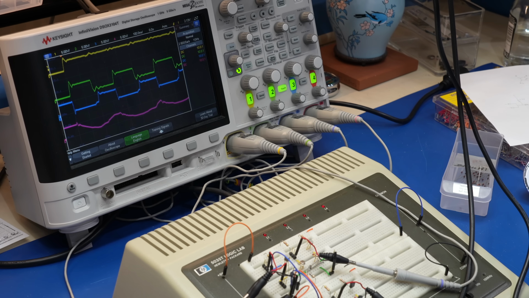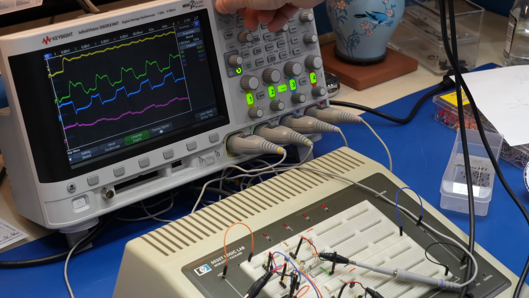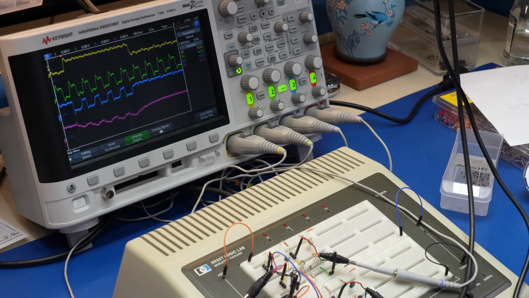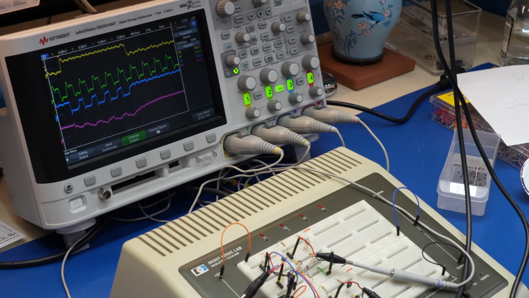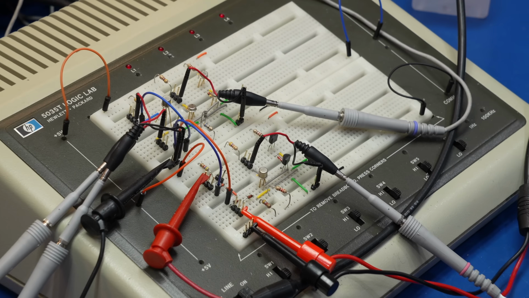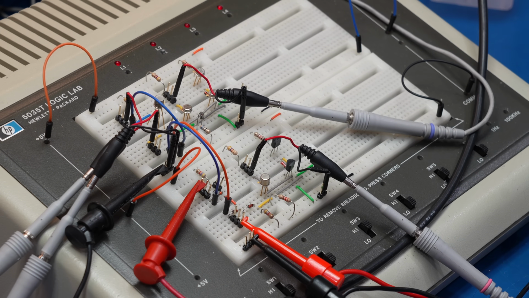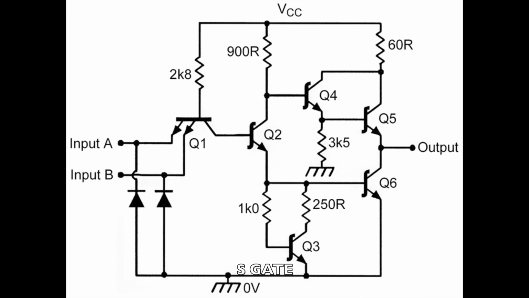Let's go faster. 4 megahertz, 5 megahertz. Okay, so now we have a decent gate with decent transistors and a Schottky diode. I can run it to 10 megahertz and then it becomes a little iffy. But it looks like a gate at 10 megahertz. So here you go. This is the genius of the TTL gate. And then they kept improving on the thing, and they went with more and more complex stuff.